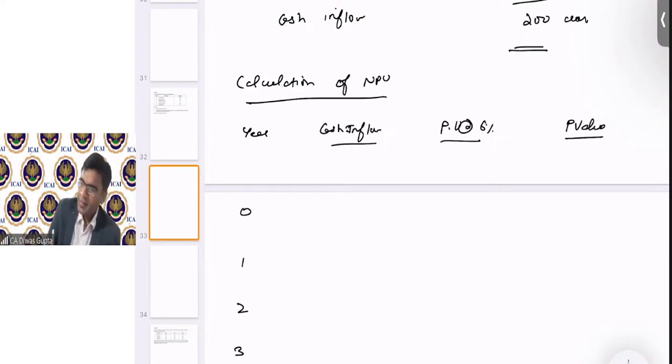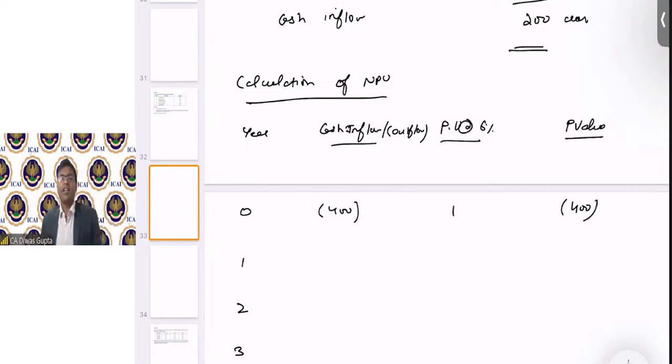At 0, there is a cash outflow. How much is it? 400 crore. Present value factor will be 1 and hence the present value will be 400 crore. Then comes 200, 200, 200, which is the yearly cash inflow.